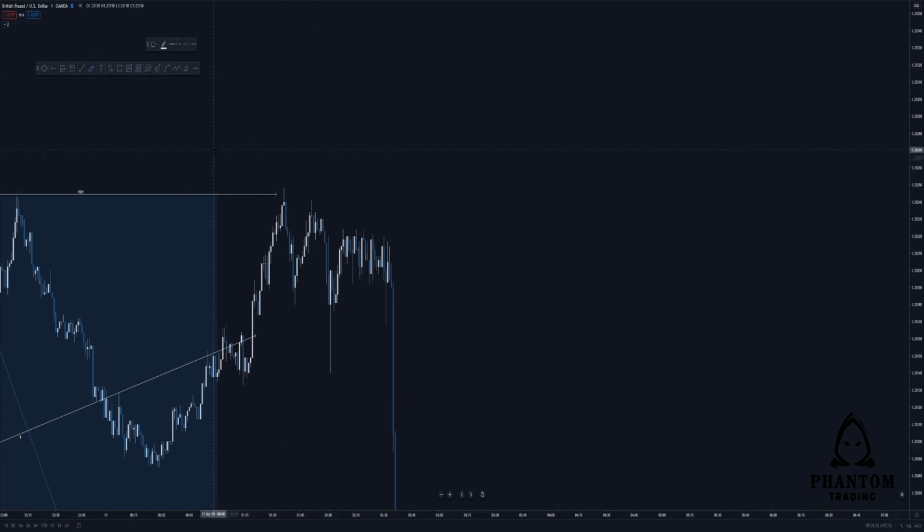So what do we get? We get a mitigation of this here, right? So the optimal entry would have been this. However, we did not get a true break of structure until this level here, right? So what we would do is, if you want to be conservative, you would look for entry here, right? Break of structure, order block, relevant, prevalent here.